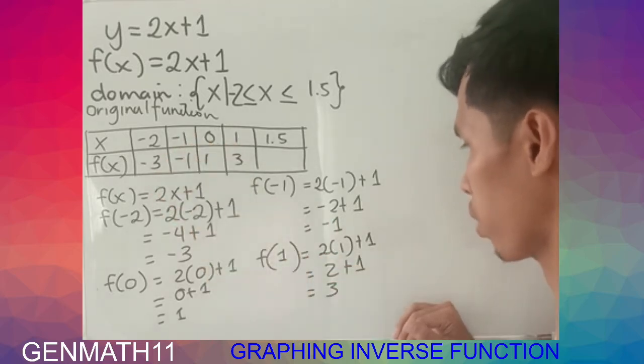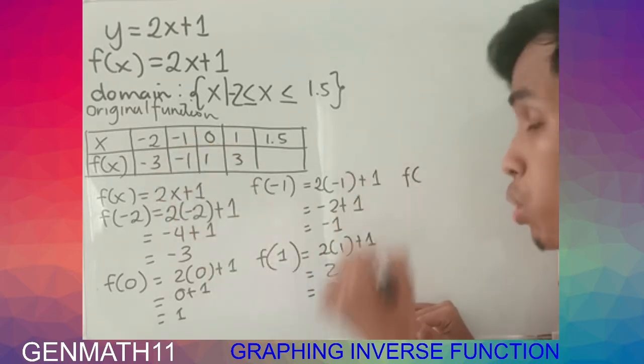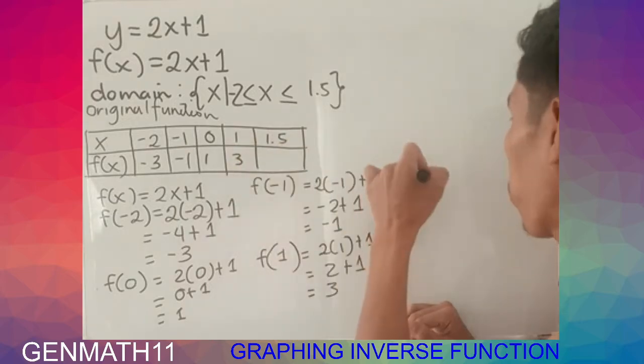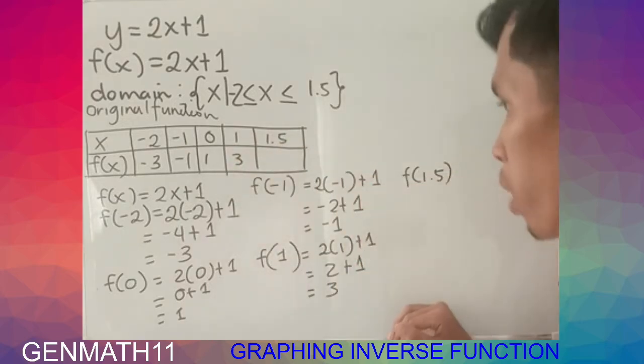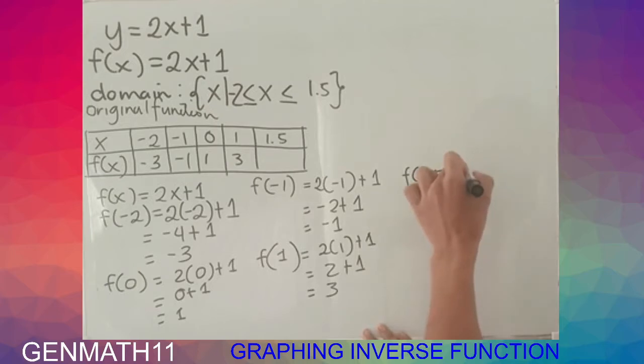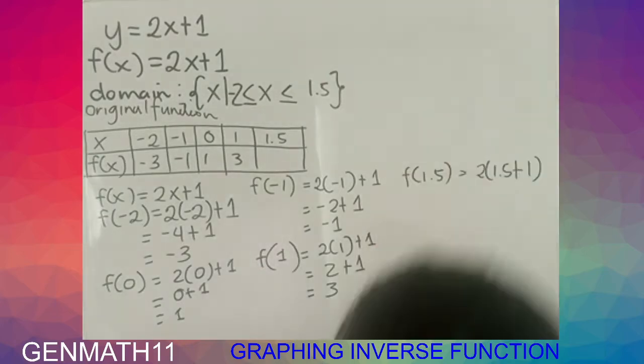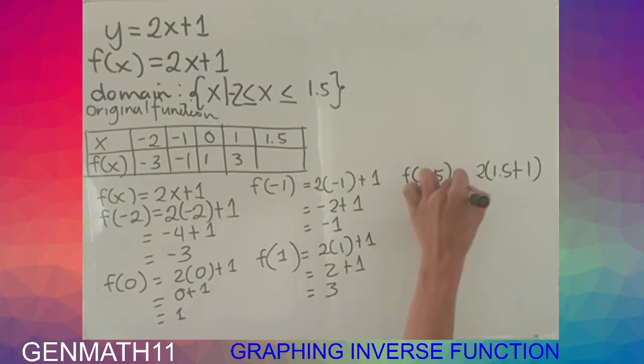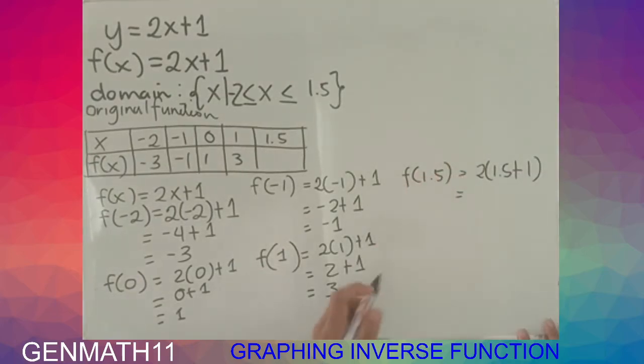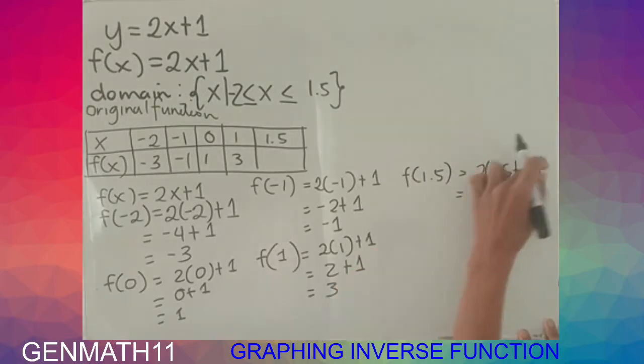Okay, 3. Next, the last, which is 1.5 pala, rather. So, 1.5 is equals to 2 times 1.5 plus 1. Okay. So, magiging 2 mali.